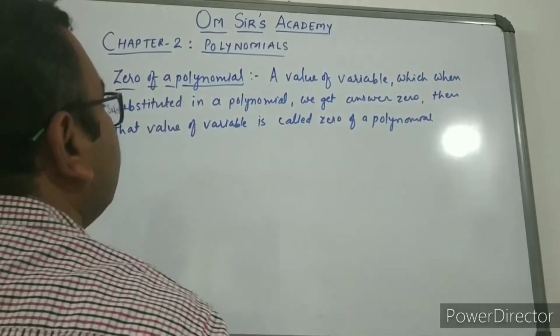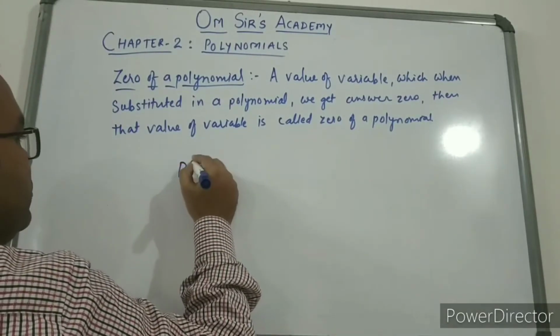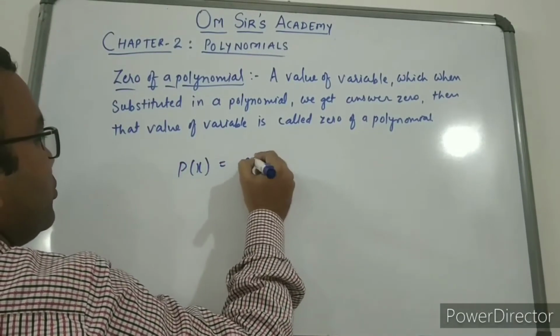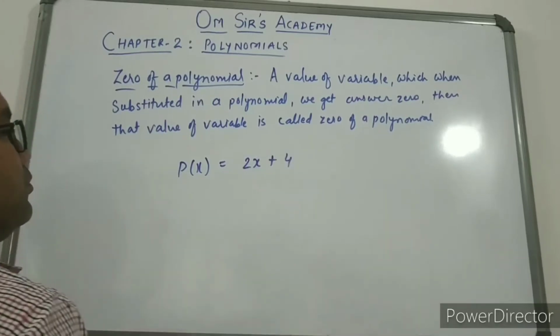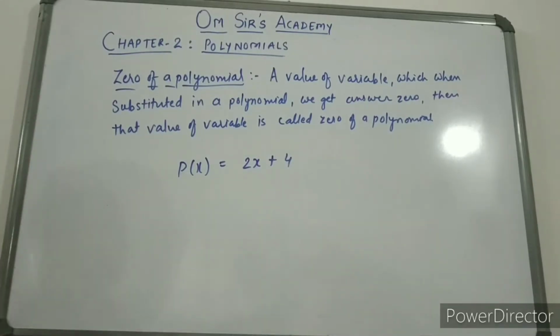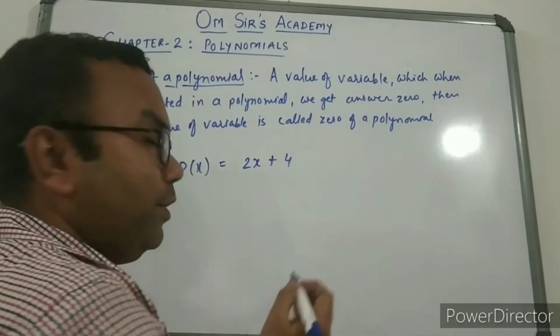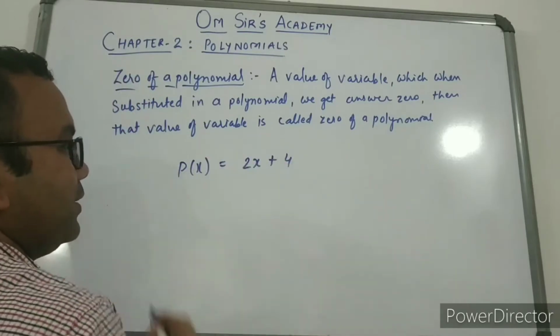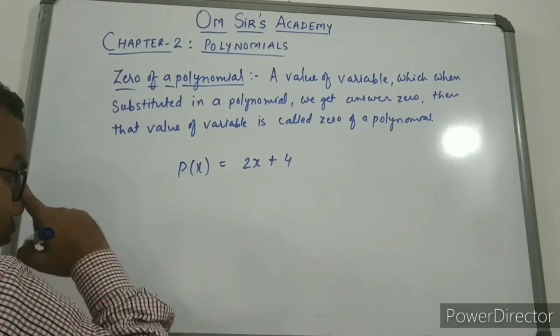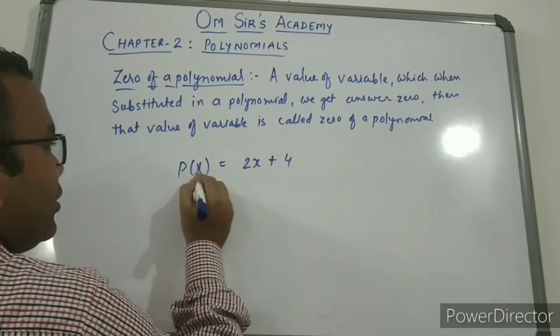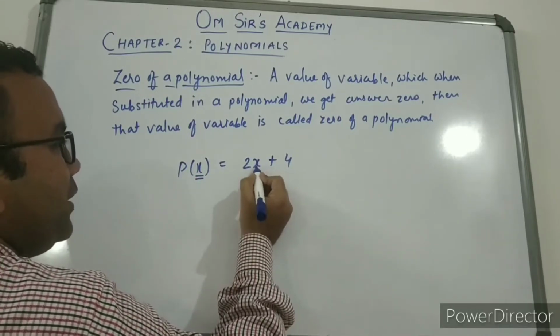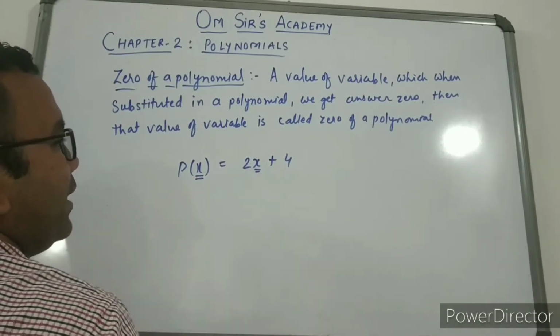Say for example, there is a polynomial p(x) is equal to 2x plus 4. This is a polynomial. Which type of polynomial it is? A linear polynomial. Why? Because it has a degree 1. So now when we substitute some value, which is the variable in this polynomial? Variable is x.